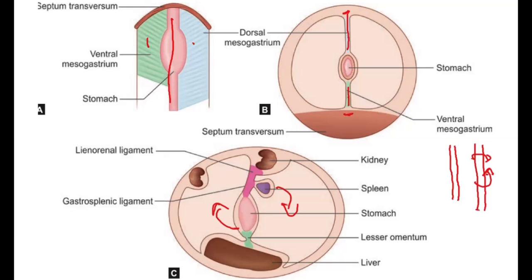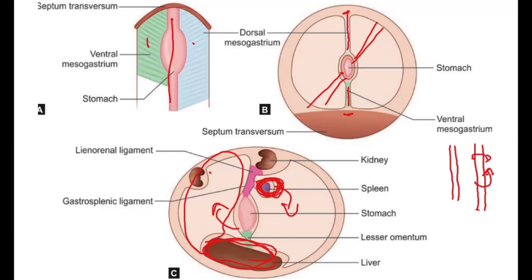This is the ventral mesogastrium, this is the dorsal mesogastrium. So the ventral mesogastrium comes like this and the dorsal mesogastrium comes like this. Within the ventral mesogastrium the liver develops, and within the dorsal mesogastrium the spleen develops. So the liver becomes enlarged and comes to the right side.